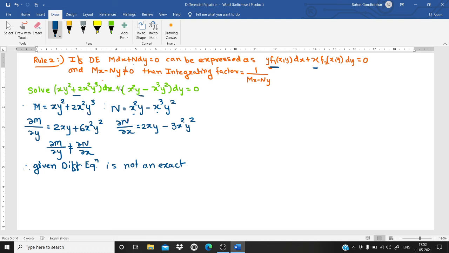Look at the N term. Can we take x common? Yes, both the terms of N contain x.